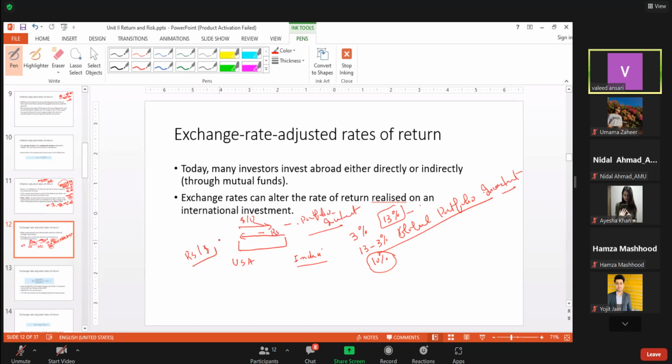Now, please remember that the exchange rate fluctuates during this period. Naturally, the exchange rate is not a still thing, it fluctuates. And assume that the rupee depreciates against the dollar.